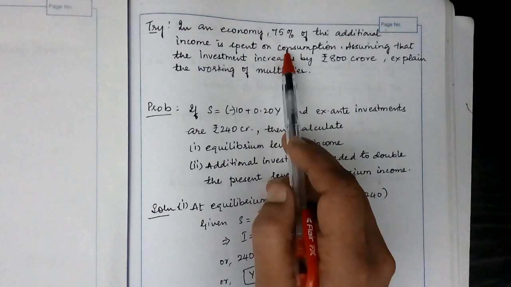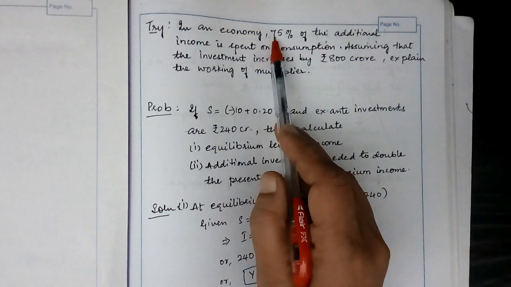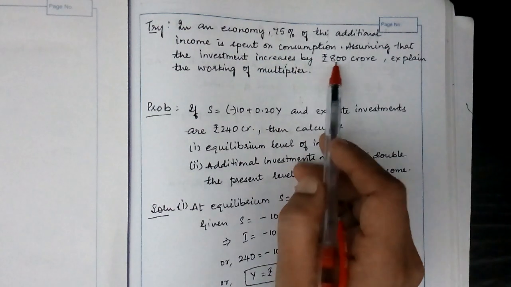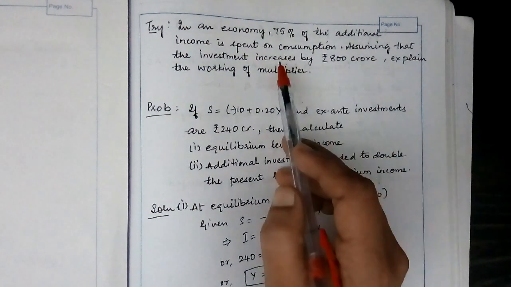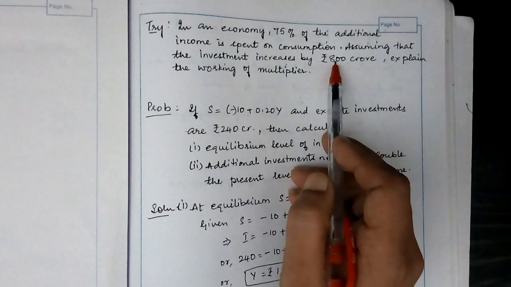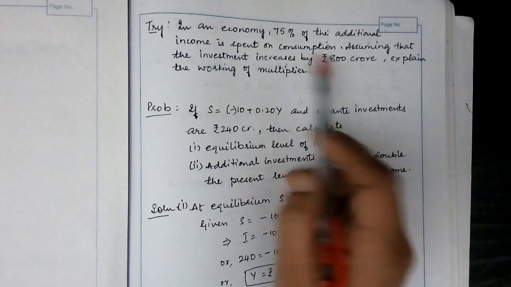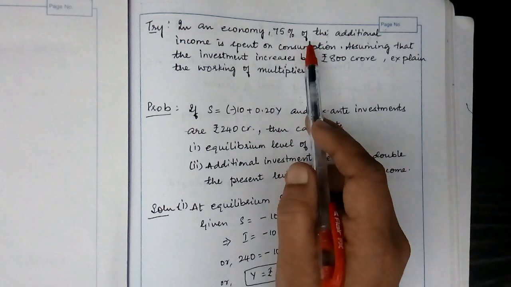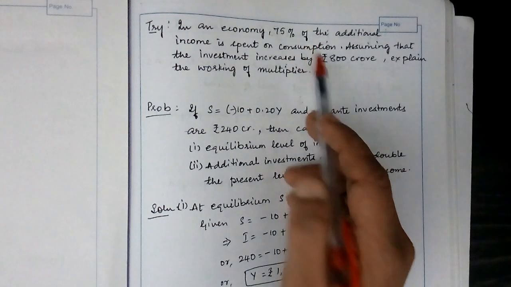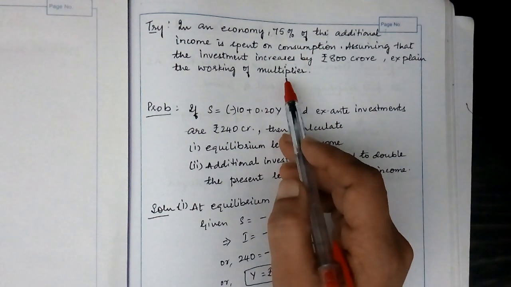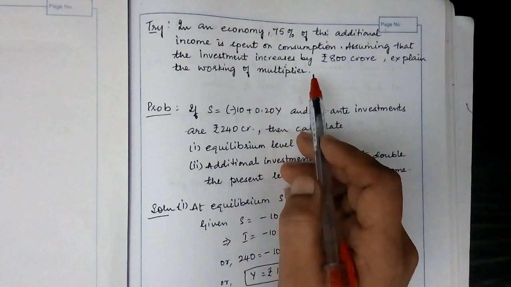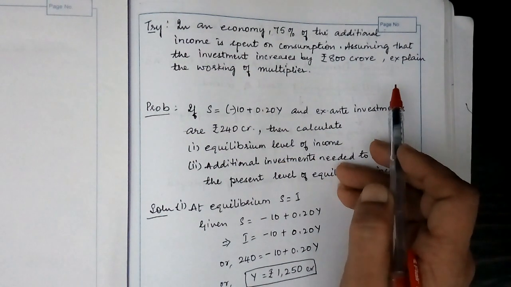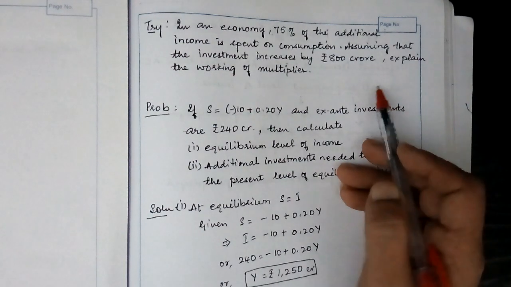That means MPC is 0.75 and change in investment is 800 crore. So delta I is given as 800 crore and MPC is 0.75. So accordingly you can draw a table with the income, change in investment, MPC and MPS. I hope you will be able to do that.